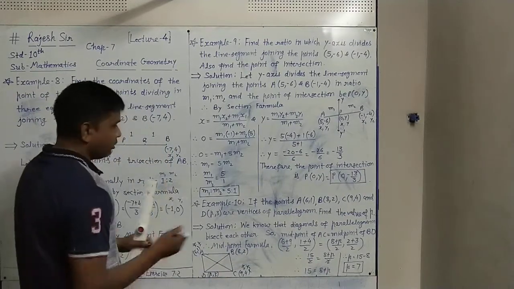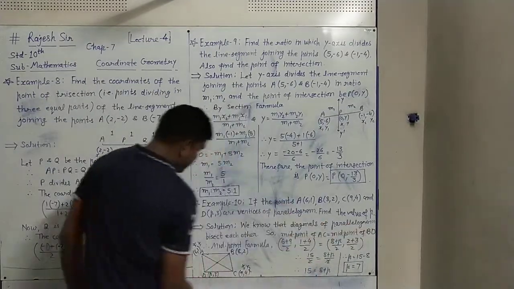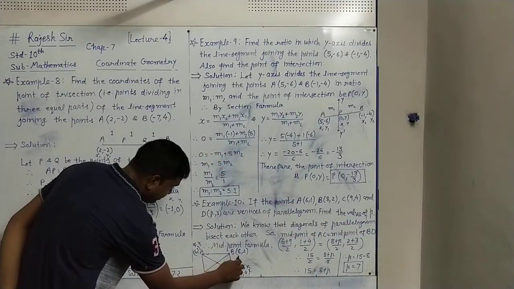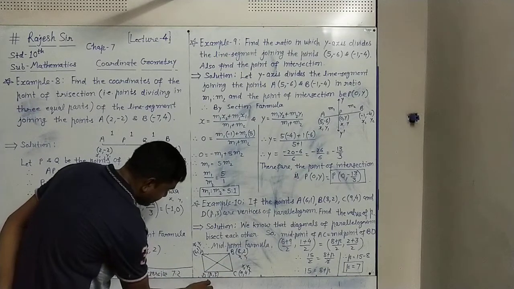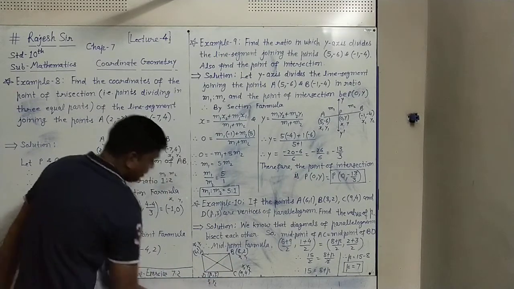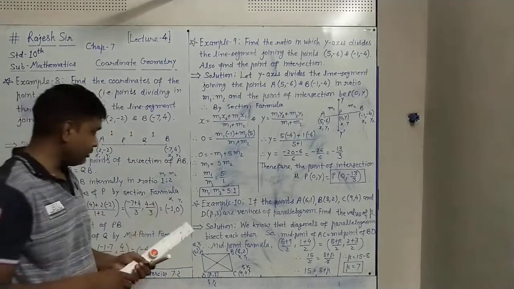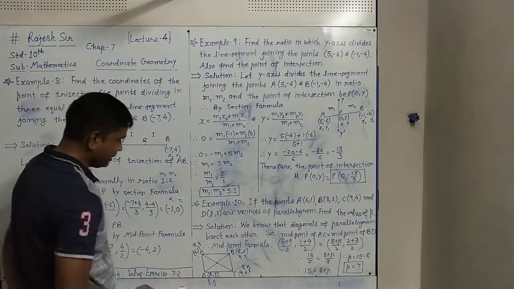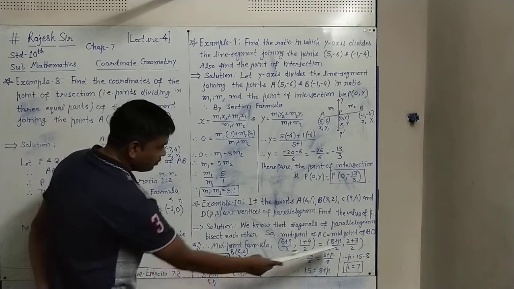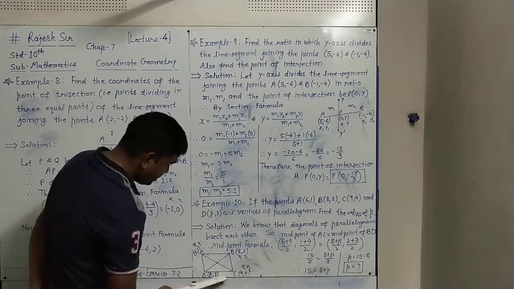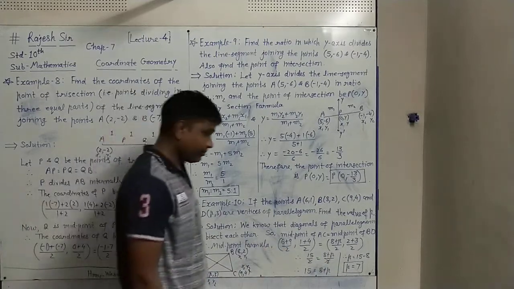Similarly, on the right side, the midpoint of BD. B is considered as (x1, y1) and D as (x2, y2). So (x1 plus x2) upon 2, (y1 plus y2) upon 2: 8 plus p upon 2, comma 2 plus 3 upon 2.